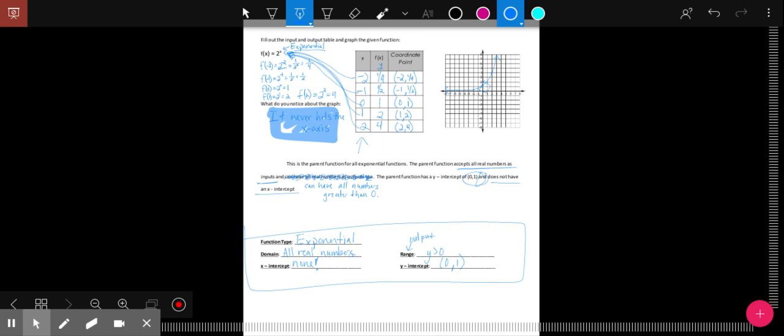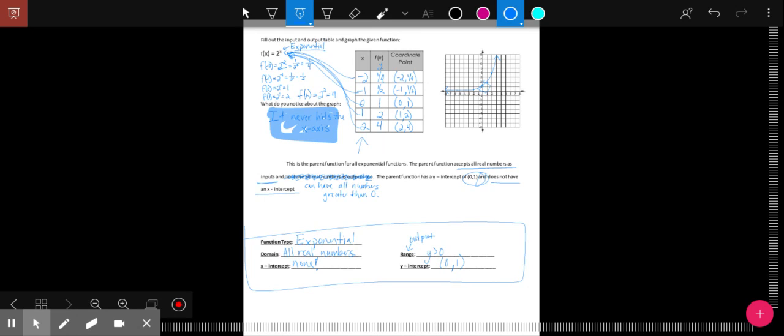Okay, because if we look at our graph, see how it gets really, really close to 0, but never actually touches 0, and it never has any negative numbers. Therefore, our outputs can always be greater than 0. So our range, or our outputs, are always going to be y is greater than 0. Because it gets really, really close to the x-axis, but never actually touches it.